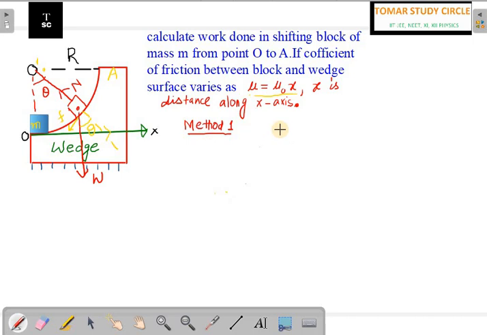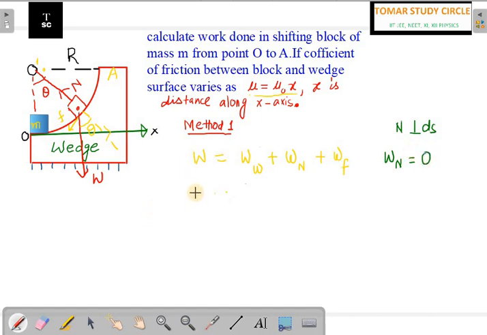So we want to calculate the total work done. W will be equal to the work done by weight plus work done by normal reaction plus work done by friction. Since normal reaction N is always perpendicular to the displacement ds, the work done by normal reaction will be equal to 0.